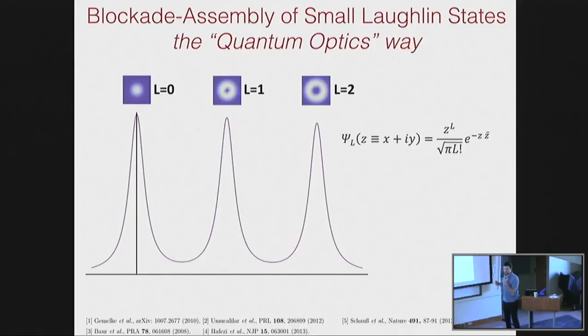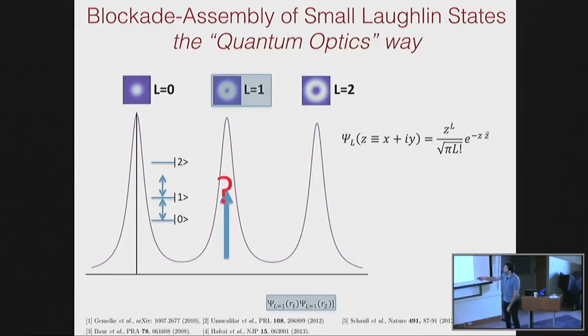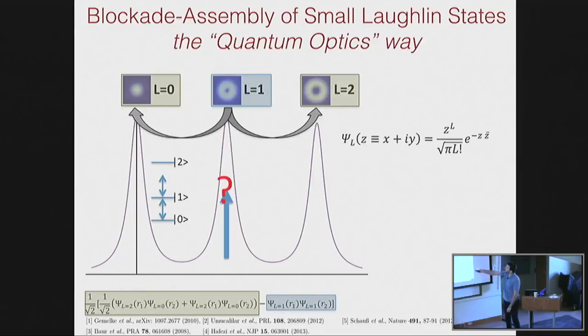And I want to suggest two different approaches. The first is, imagine just injecting photons first into this L equals 0 mode of the cavity. In an interacting regime, I can put one photon into the L equals 0 mode, but photon-photon interactions prevent me from putting a second one in. Okay? But if I try to put two photons into this L equals 1 mode, they can collide and go to 0 and 2.